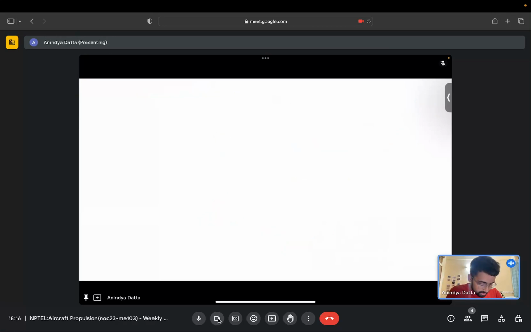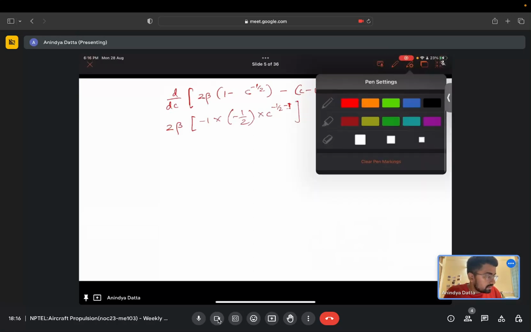Okay, so now we take the derivative with respect to C. So d/dC of this is 2 beta times (1 minus C to the power minus half) minus (C minus 1) equal to 0.